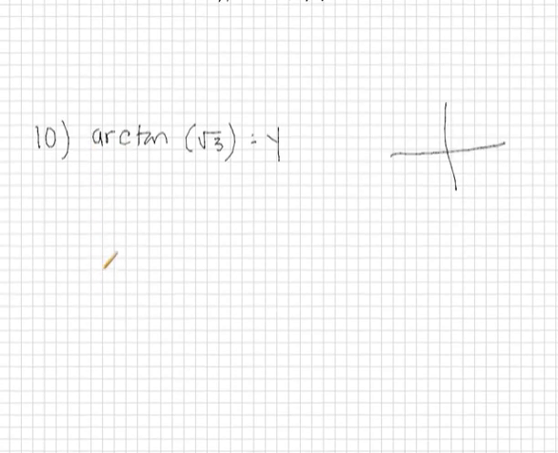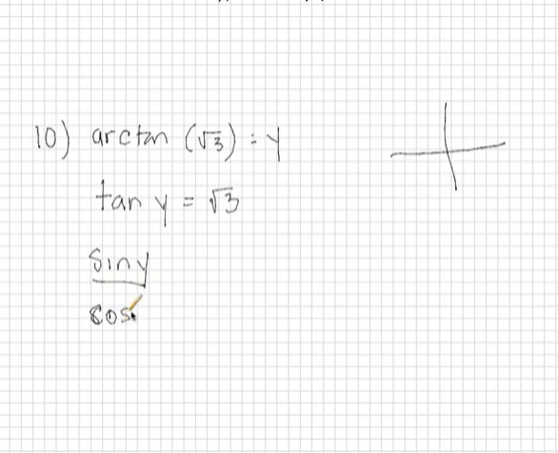Let's go ahead and do number 10. We're going to do the same thing. I'm going to rewrite this as tangent y is equal to rad 3. And sometimes it makes it easier to rewrite this as a ratio. So this is sine y over cosine y is equal to rad 3 over 1.